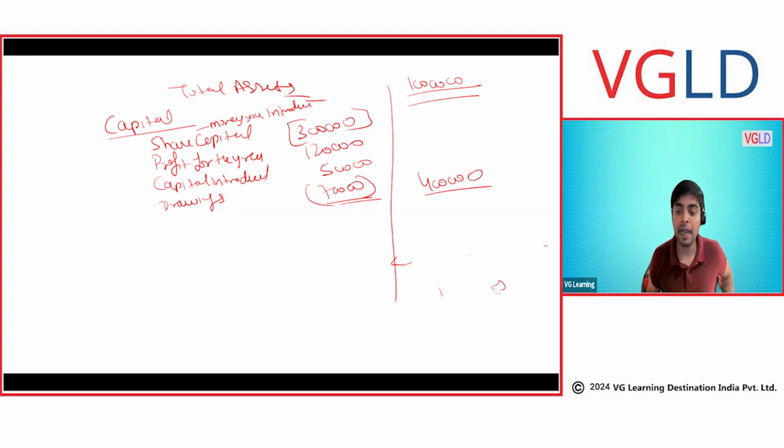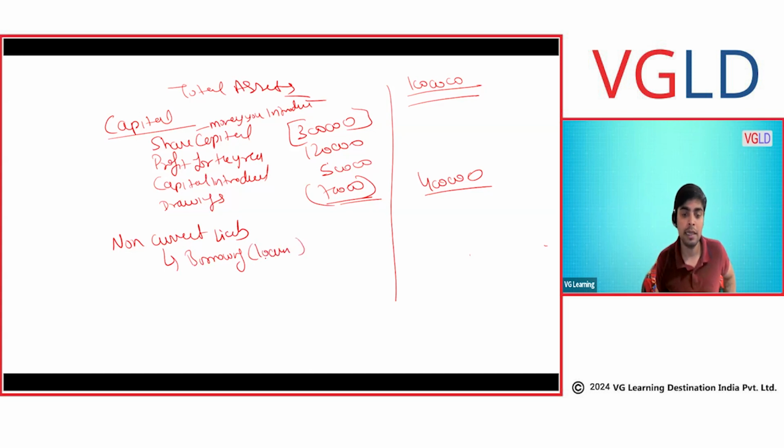Now, let's say I have borrowed this 2 lakh. In that case, this would come in the liability section, and the liability section will have non-current liability. Let's say borrowings. Borrowings basically means a loan, either from a bank, an institution or any person.